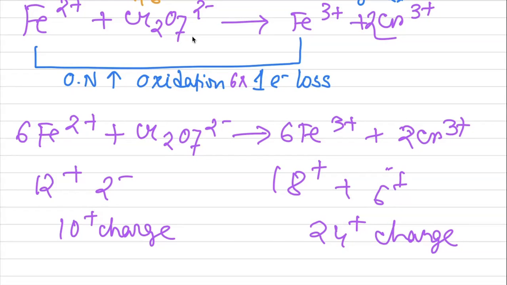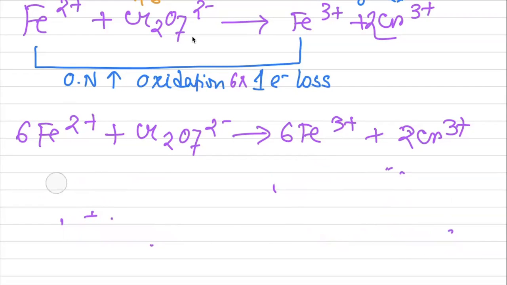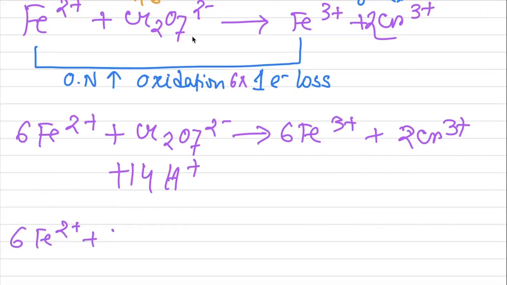So where can we add H? As the reaction takes place in acidic medium, we can add 14 H+ on the reactant side. So now the reaction becomes 6 Fe2+ plus Cr2O7 2- plus 14 H+.